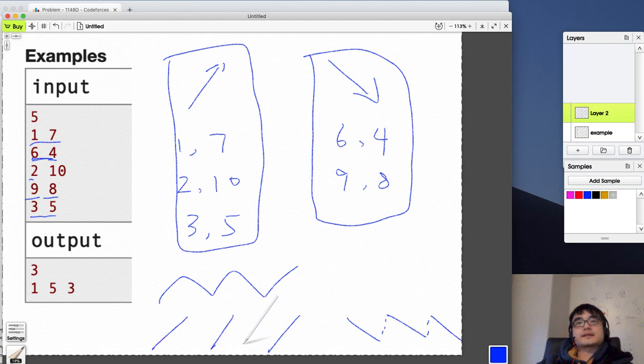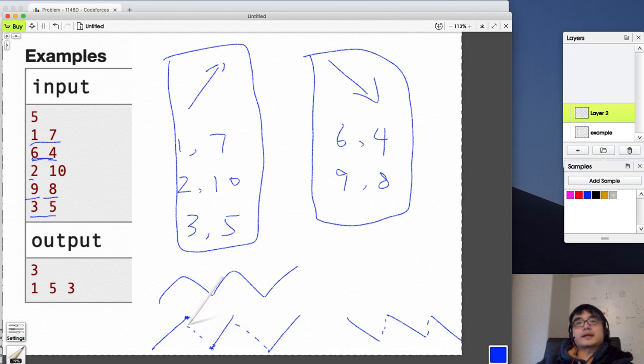And in this case, we chose three increasing number pairs, right? We only need to make sure that the tail of the previous number pair is bigger than the head of the next number pair, right?